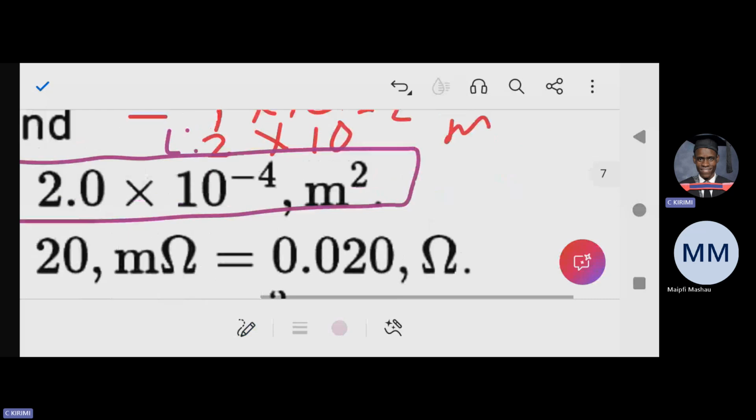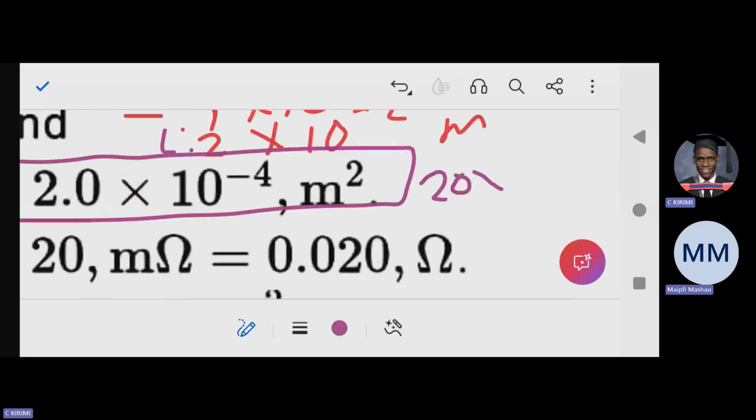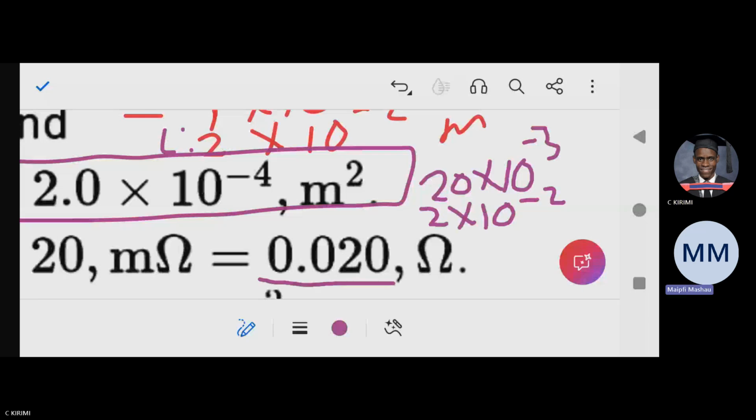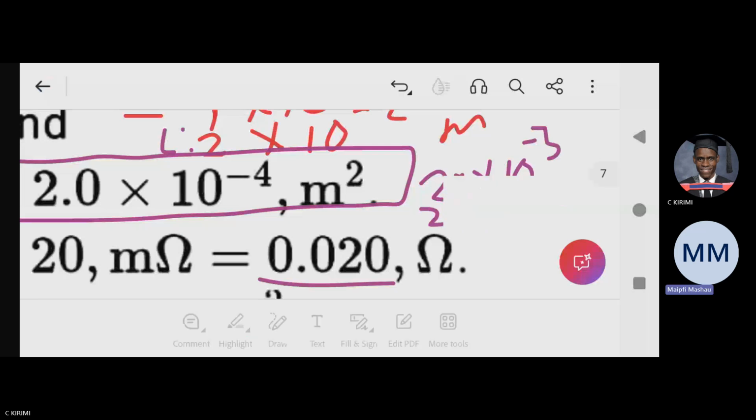It's just 20 divided by 1,000, which is the same as 2 times 10 to the power negative 2, which is 0.02 ohms. So we have converted those to ohms.